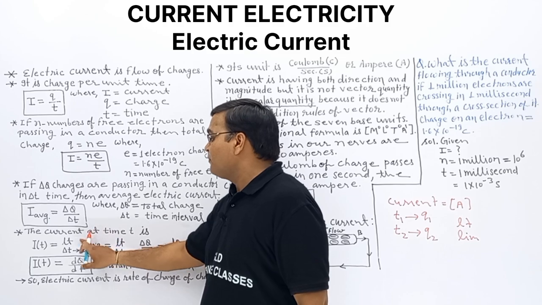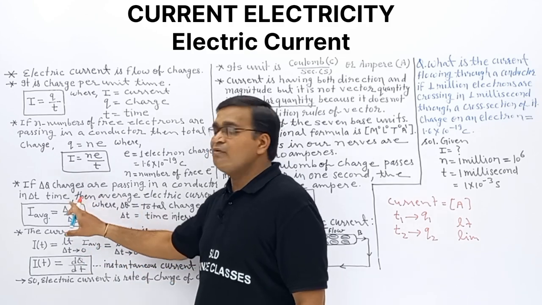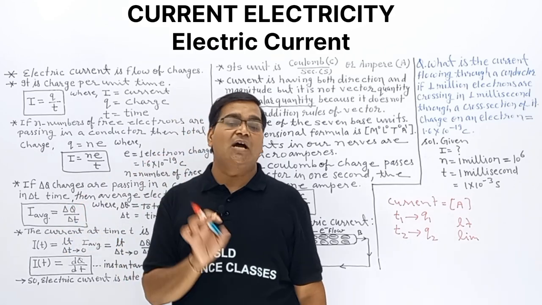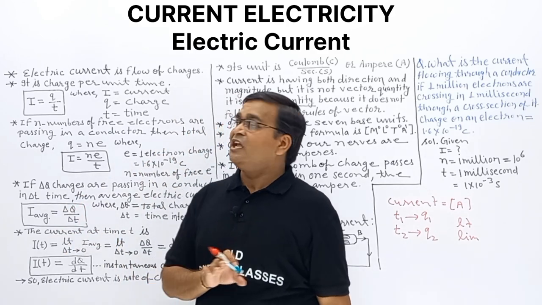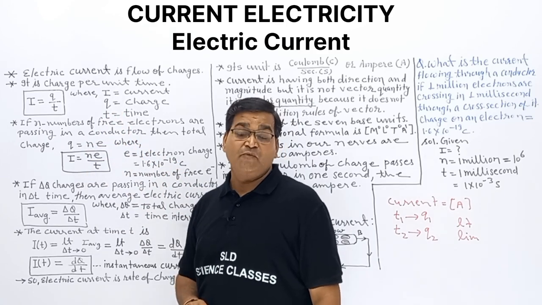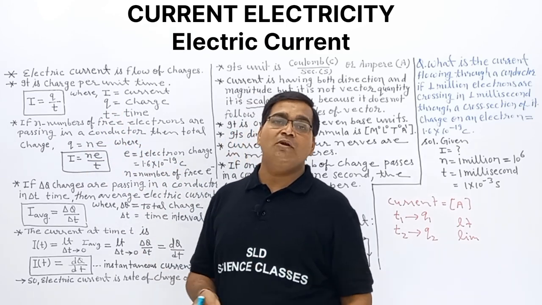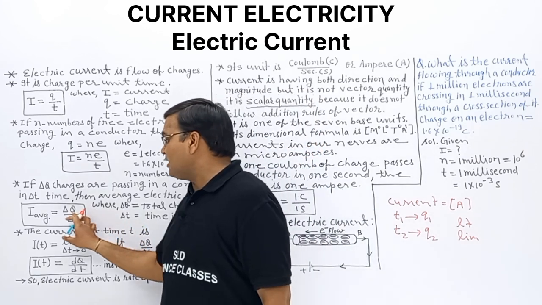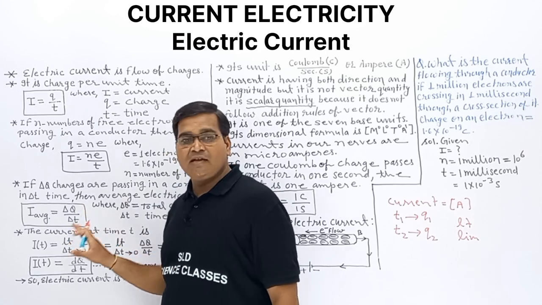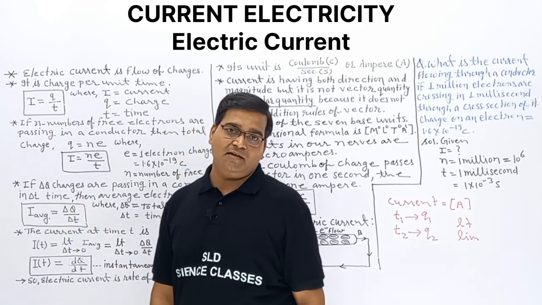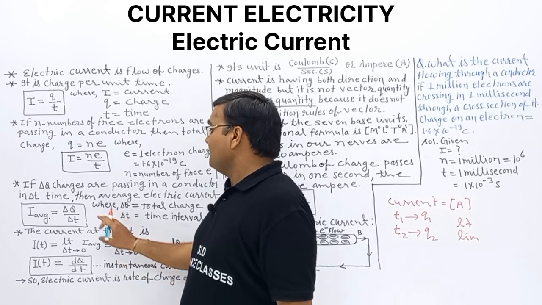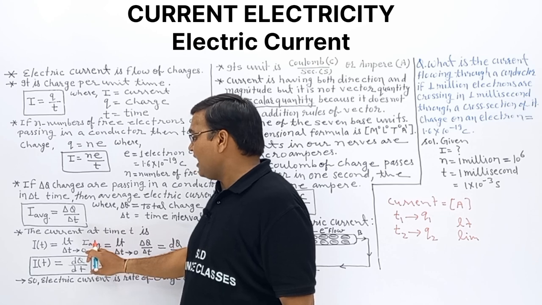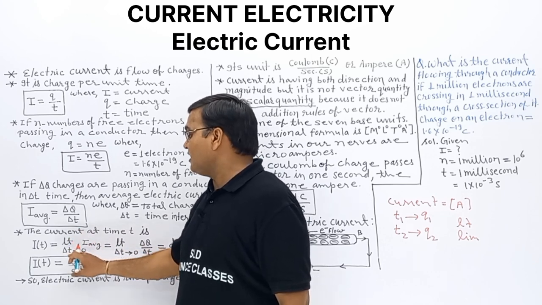So limit delta T tends to 0 of the average electric current. How do we find the average? Delta Q upon delta T. Delta Q is the total charge. If we have n free electrons, then the total charge will be Ne. The time interval is given in the question, so we put it there and solve. This will be the average electric current. Then take the limit as delta T tends to 0.